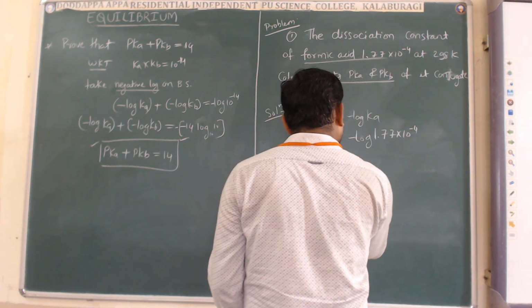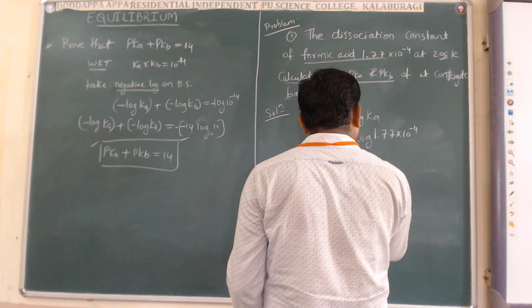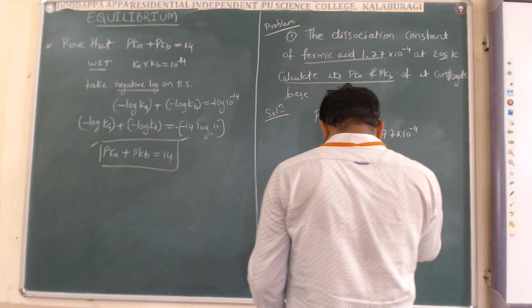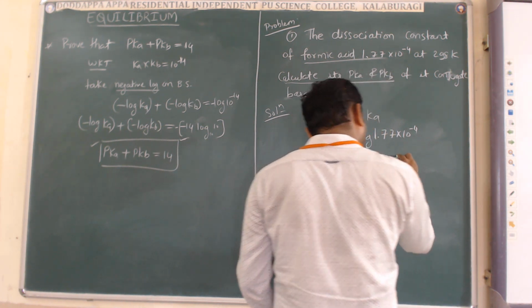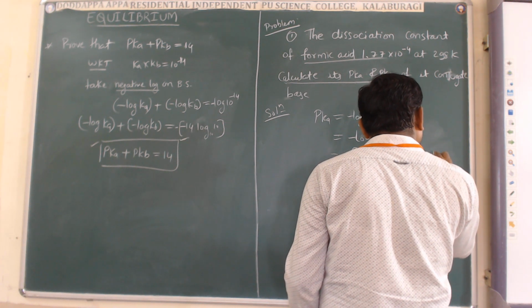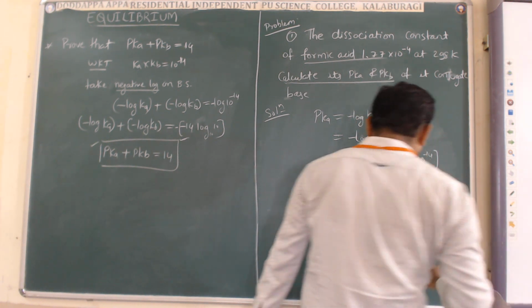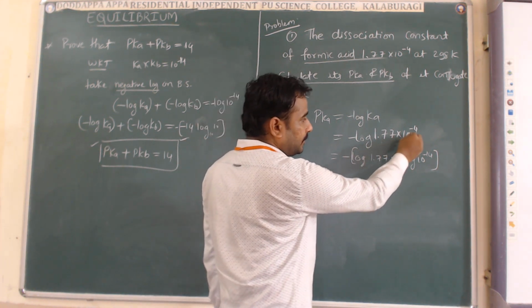We have to write it as negative log 1.77 plus log of 10 raised to minus 14. Okay, you see here how I have split this one: log 1.77 into 10 raised to minus 4.